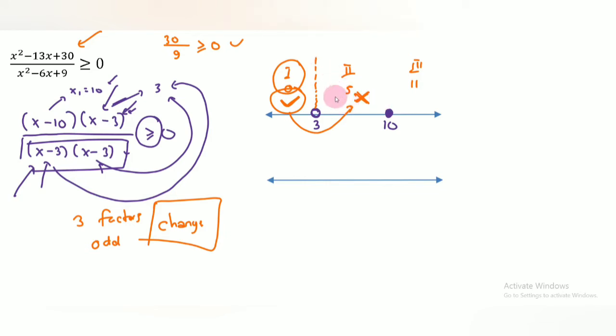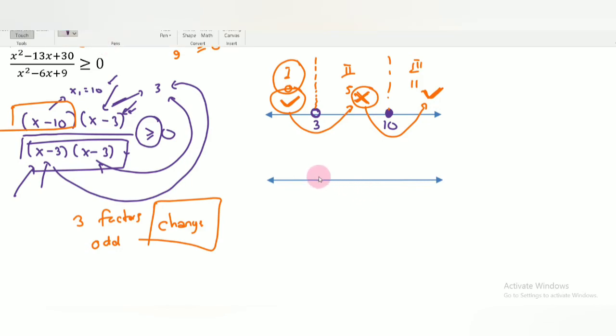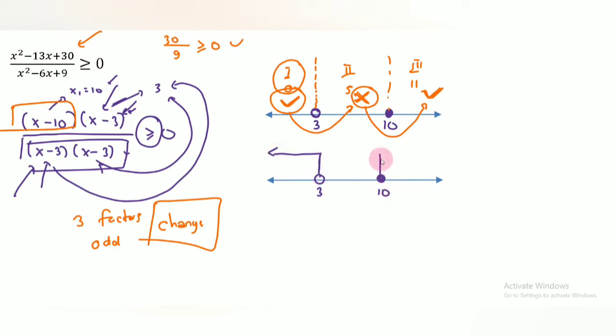Odd numbers: 1, 3, 5. So this doesn't satisfy. Let's go to the third area. Since we are passing the factor x minus 10, it will satisfy. In the end, this is 3, this is 10, and your solution will be all values of x that are less than 3 and all values of x that are greater than or equal to 10.